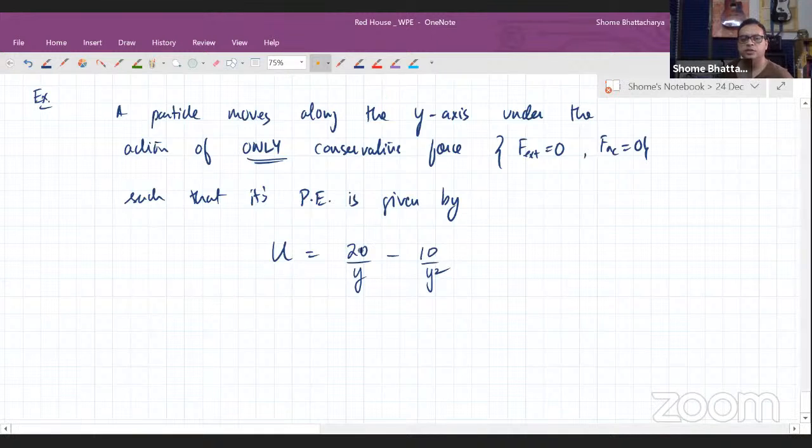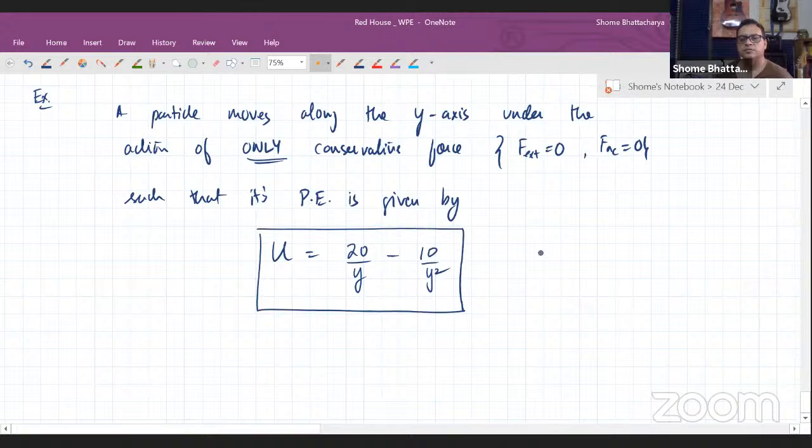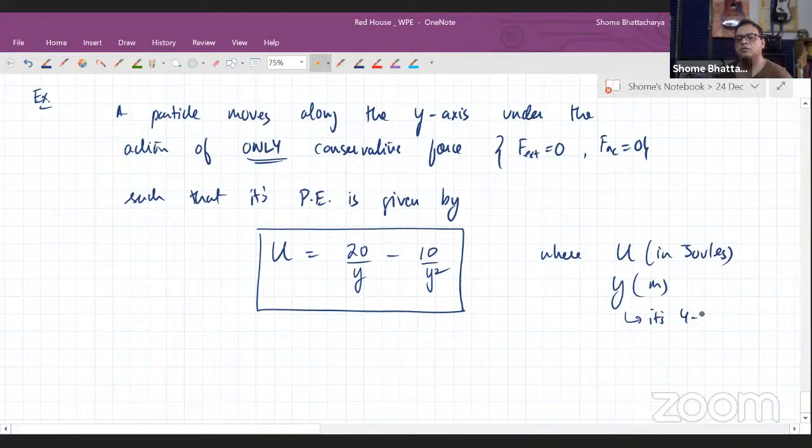The potential energy is given by this kind of formula, where U is in joules and y is its y coordinate in meters.